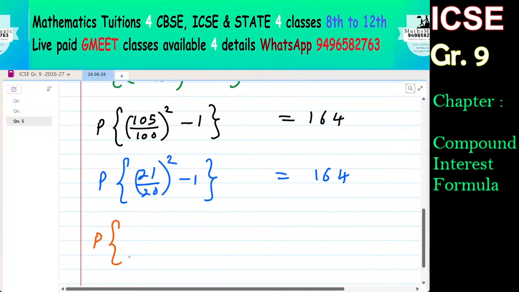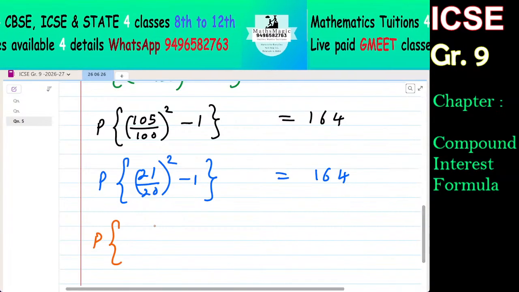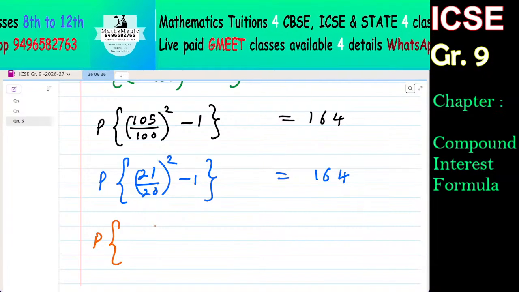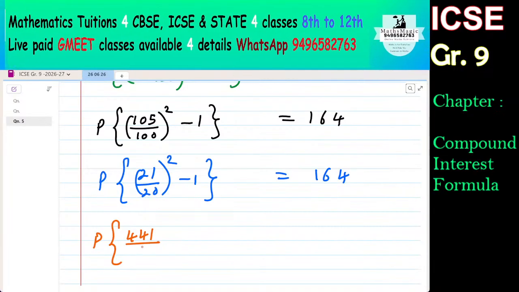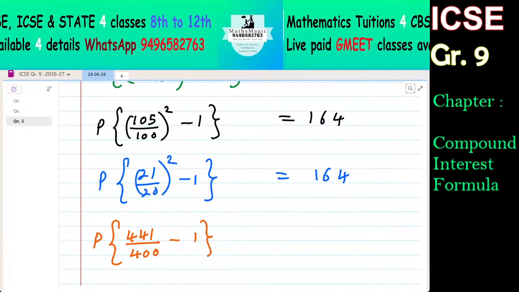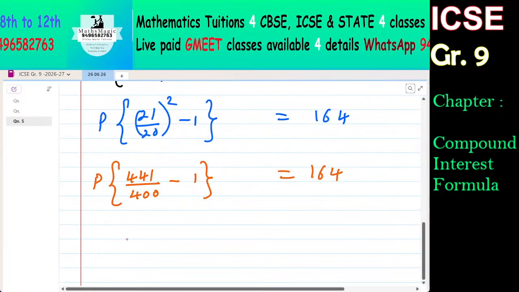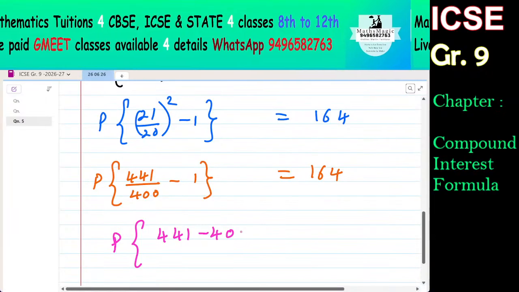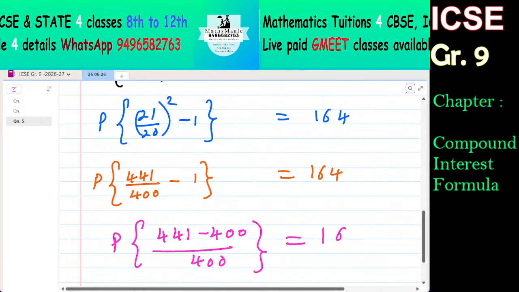So P times 21 squared... you have to at least learn squares up to 50. That will help you save time. So you need to go for the further simplification step. Equals 164.